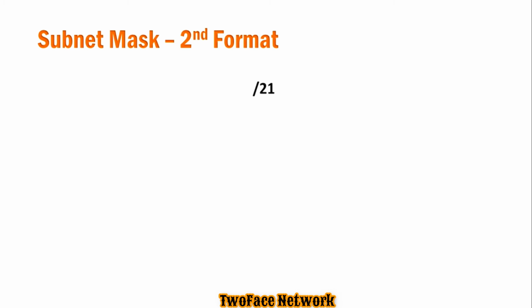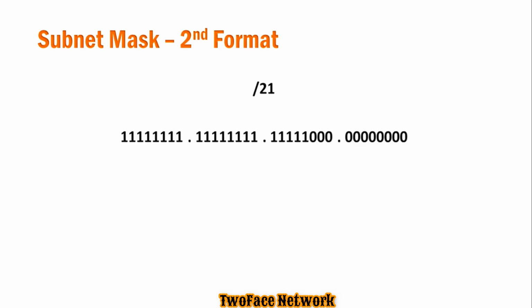It's super easy to write a mask like this, but actually when you configure a router or a switch or some servers, you can't really use this format while configuring. A mask can actually be written the same way as an IP address. /21 equals 21 ones and 11 zeros.